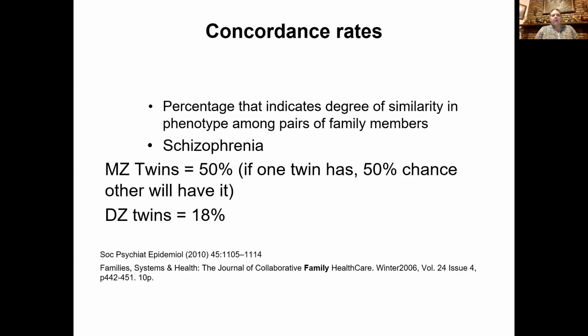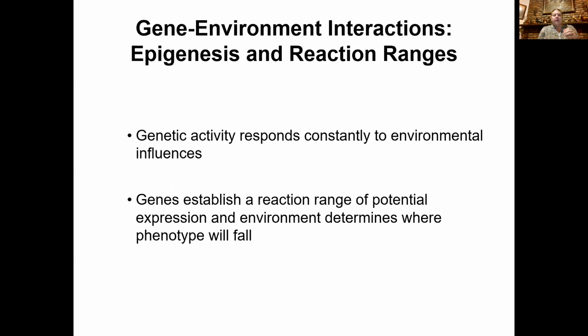They found that when kids have a very similar degree of concordance, like twins that only have the 18% chance of developing schizophrenia, if they are in a home that is less nurturing and stressful, they're more likely to develop schizophrenia than kids that are put in a home that is low stress and has a better family dynamic. But anyway, those two studies talk about that. We're not going to take time to do it here just because I need to get through these videos and try to get us on track here.